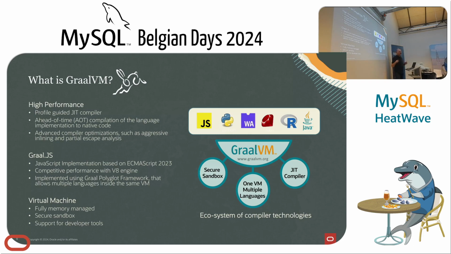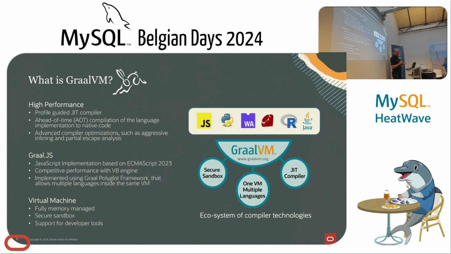And GraalVM itself, of course, is a polyglot framework, so it can support many different languages, which are then compiled into Java bytecode. JavaScript is one of those that have official GA support.